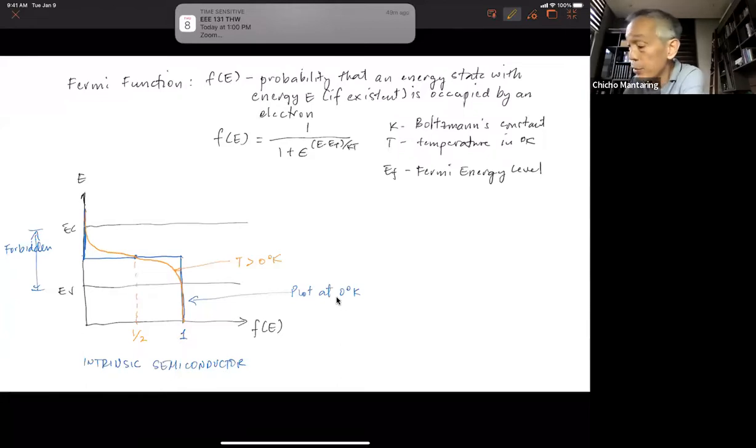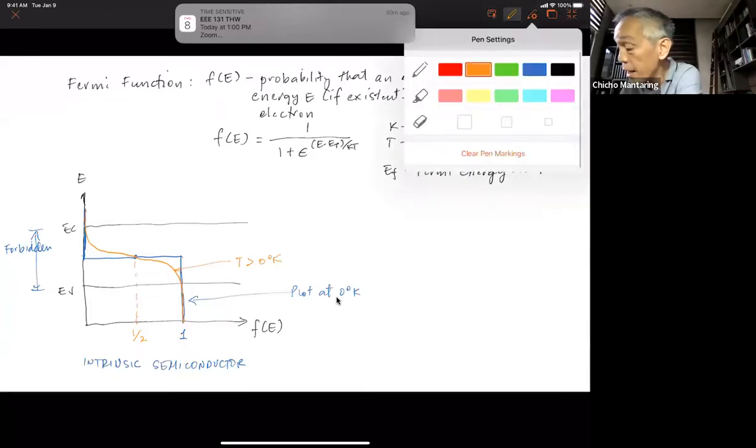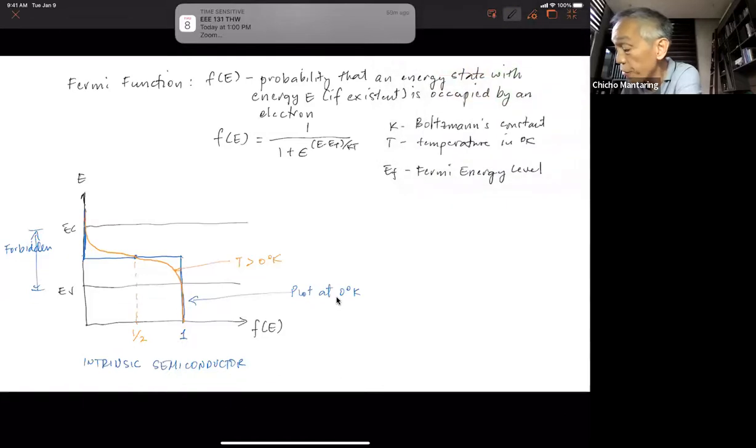In other words, we can define the Fermi energy EF as the energy where the probability that that energy level is occupied is 1/2.